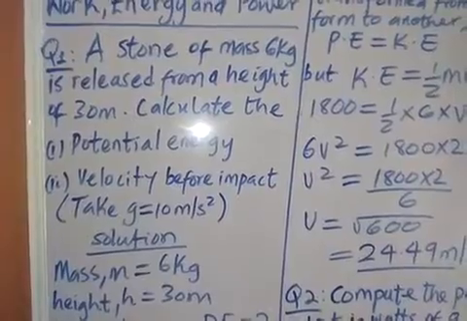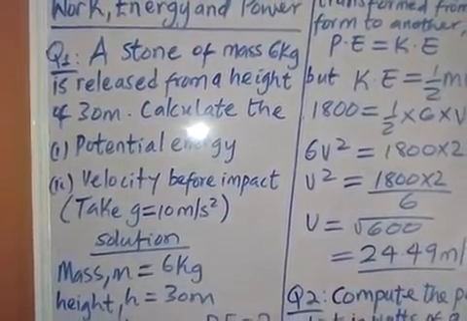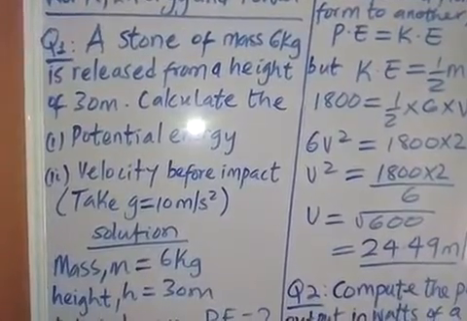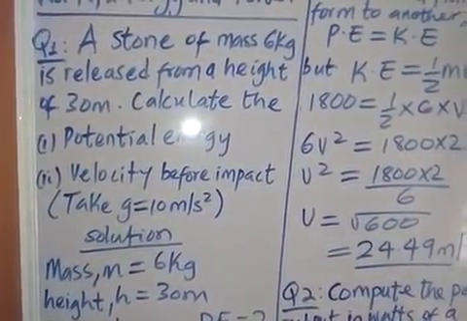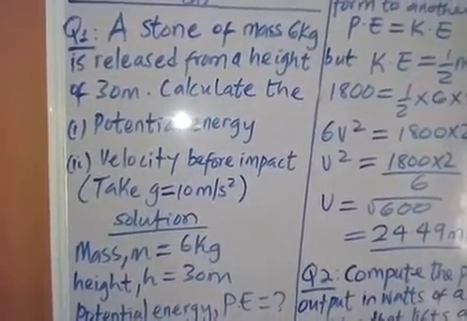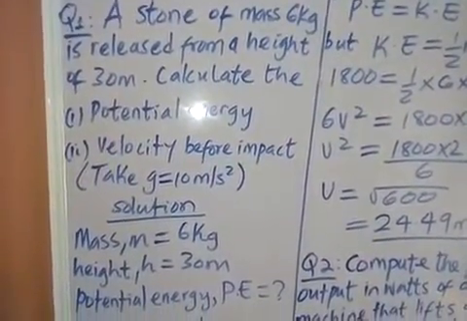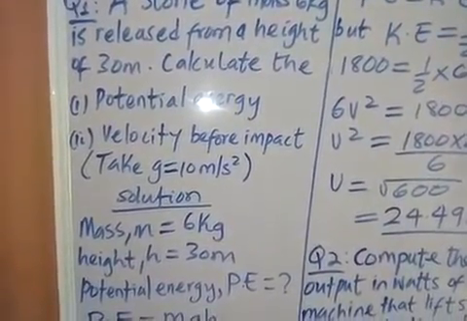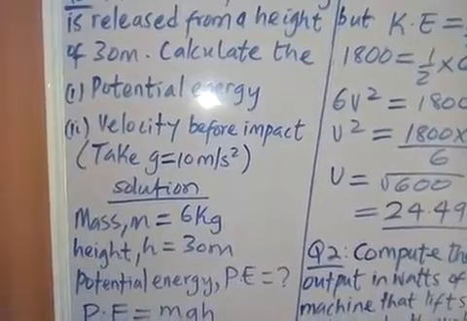Now, solving a physics question, the first thing to do is write out the given data, meaning what we are being supplied in the question. So from the question here, we have the mass m equals 6 kg. We have the height h equals 30 meters. What we have to find is the potential energy.